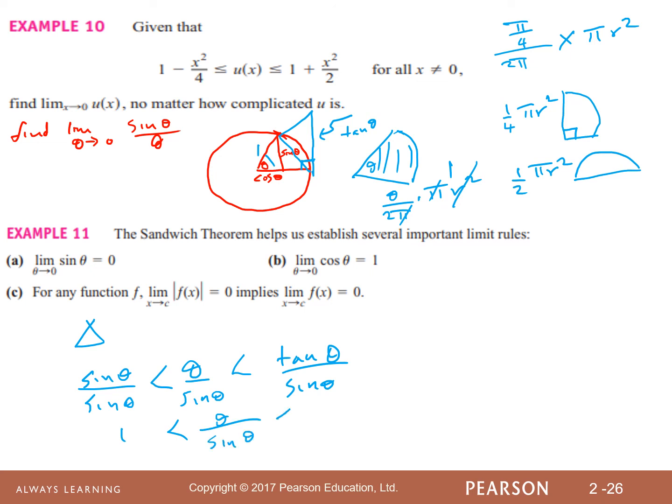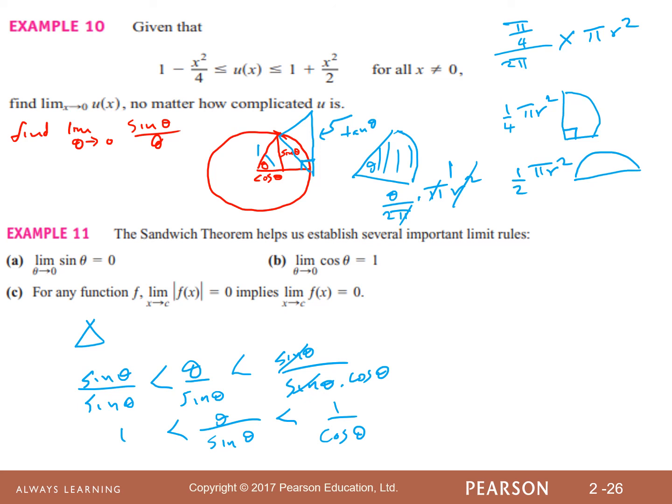And over here, tan theta is equal to sine theta over cosine theta, right? So I can replace this by what? Sine theta divided by cosine theta, right? So you can see I can cancel this one with this one. I'm going to get what? 1 over cosine theta, right?